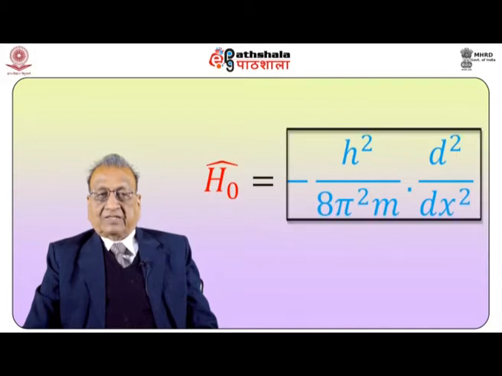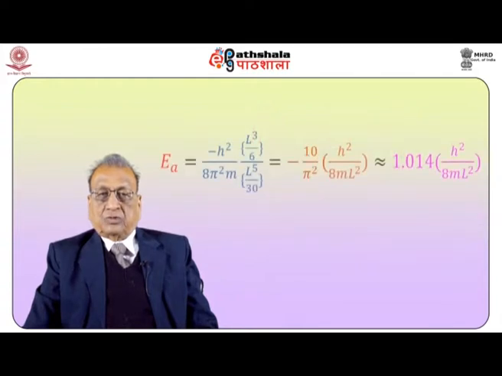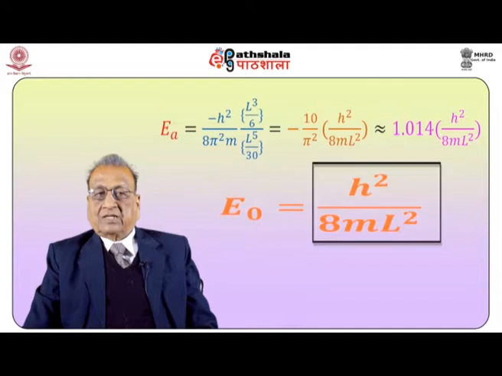Now, writing the expression for the energy, we obtain this expression, and when we solve this equation, we note that it gives us energy equal to 1.014 h squared over 8 m L squared, whereas when we exactly solve the Schrodinger equation for this problem, we find that the ground state energy is equal to h squared over 8 m L squared.